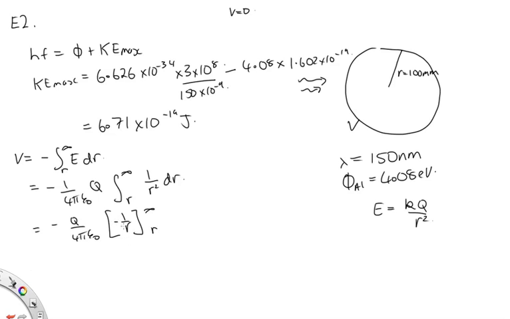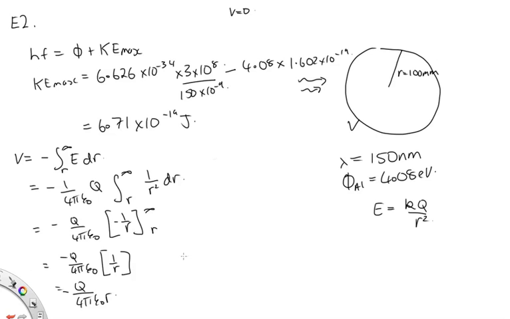And we've got a negative sign here. So this is equal to minus q over 4 pi epsilon naught, 1 over infinity, 0, minus 1 over r, so that's minus 1 over r, so we've got 1 over r. So this is equal to q over 4 pi epsilon naught r, with the voltage on the surface being negative and the voltage out here being 0.